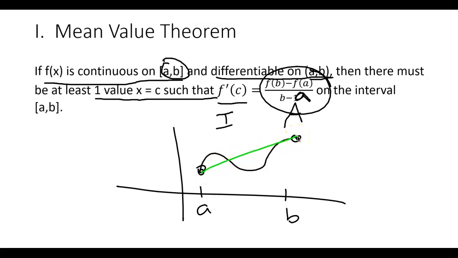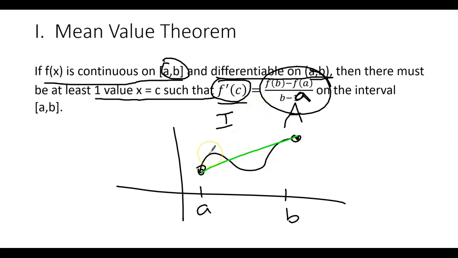So I'll draw a secant line there. And according to this theorem, so long as this function is continuous, meaning there's no holes, gaps, or jumps, and differentiable, meaning there's no cusps or vertical tangent lines, then somewhere along this curve, there has to be at least one place where the tangent line, that's the slope, that's the derivative, is parallel to it.